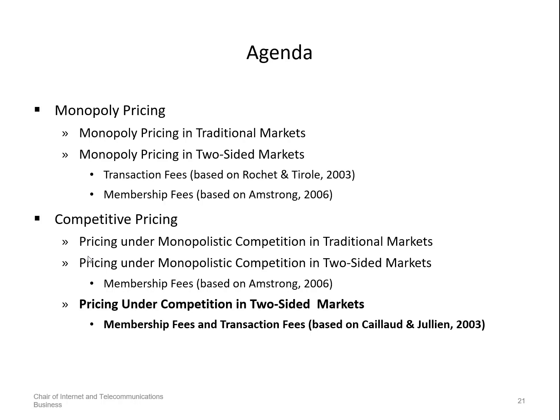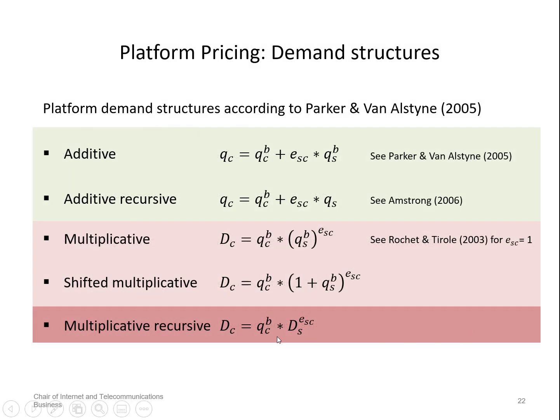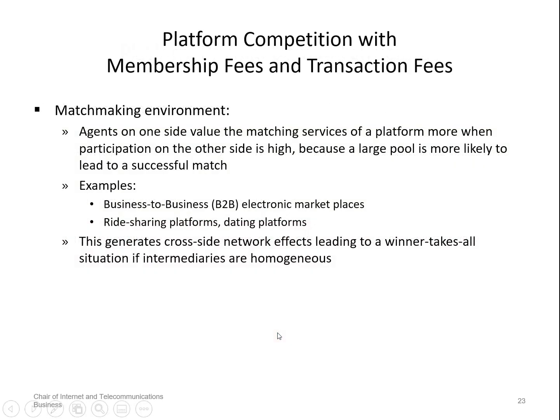Next, we move on to pricing under competition in two-sided markets where there are membership fees and transaction fees. This is based on a famous paper by Armstrong and Rochet-Tirole, 2003. For this, we use a multiplicative recursive demand, which is given here. So we're going to use the matchmaking environment model as in their paper.